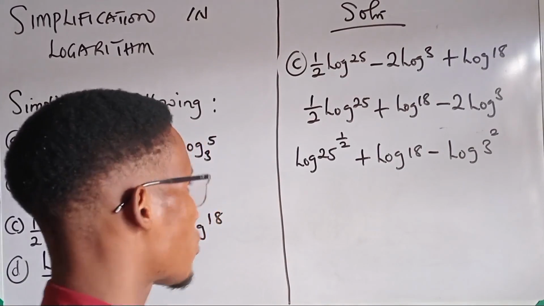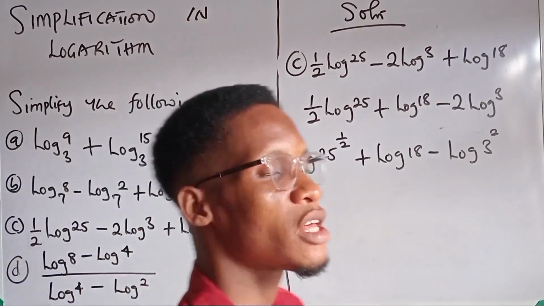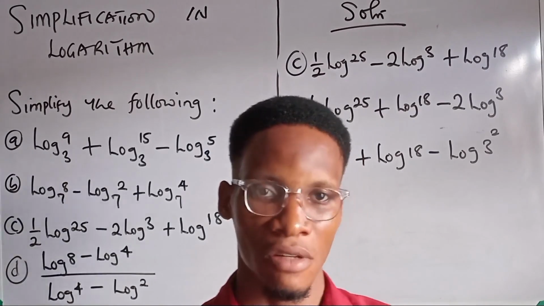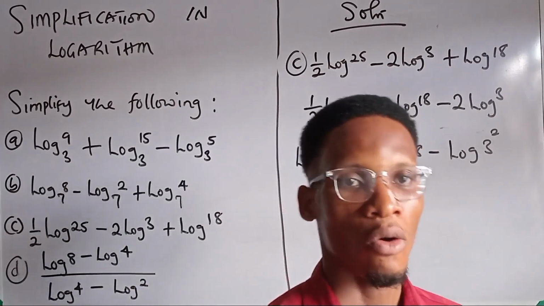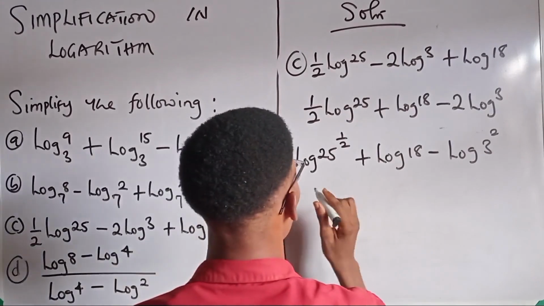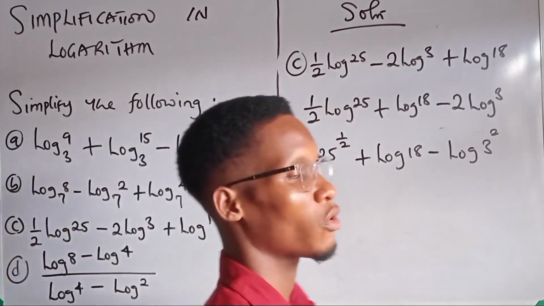Okay, that's what you do. Then the next thing is, you know, they're having the same base, which is the natural logarithm. Collect one of the base, then work on the powers. So what you do now is you collect log of 10, which is the natural logarithm.